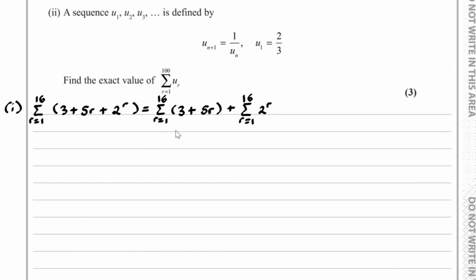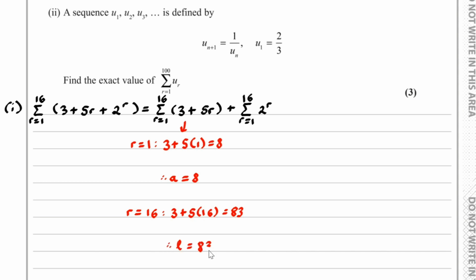So, if we focus on what we have here, when r equals 1, we have 3 plus 5 times by 1, which is 8. And so therefore, the first term is equal to 8. And when r equals 16, we have 3 plus 5 times by 16, which is 83. The last term, L, is 83.